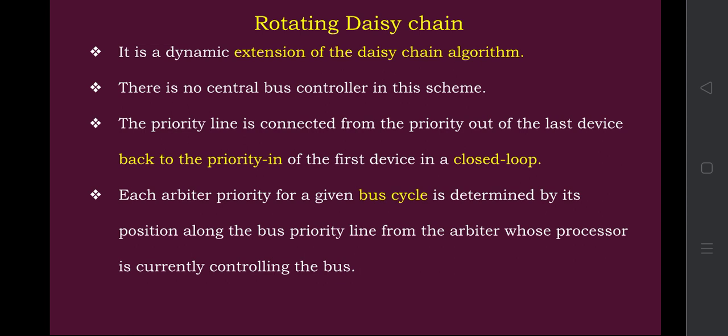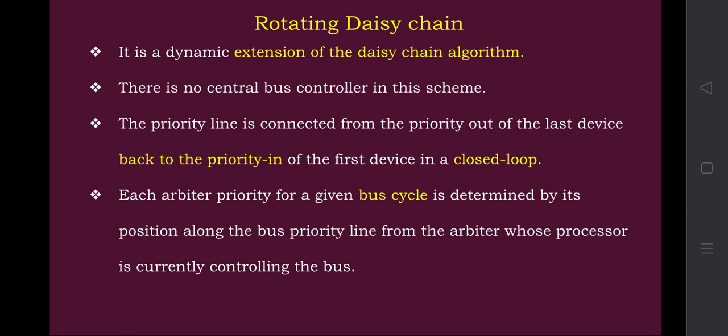How to give the bus cycle is determined by the position along the bus priority line from the arbiter whose processor is currently controlling the bus. That means currently some processor N will be having the bus control. From that, the distance is determined. Actually this bus cycle determines the position.